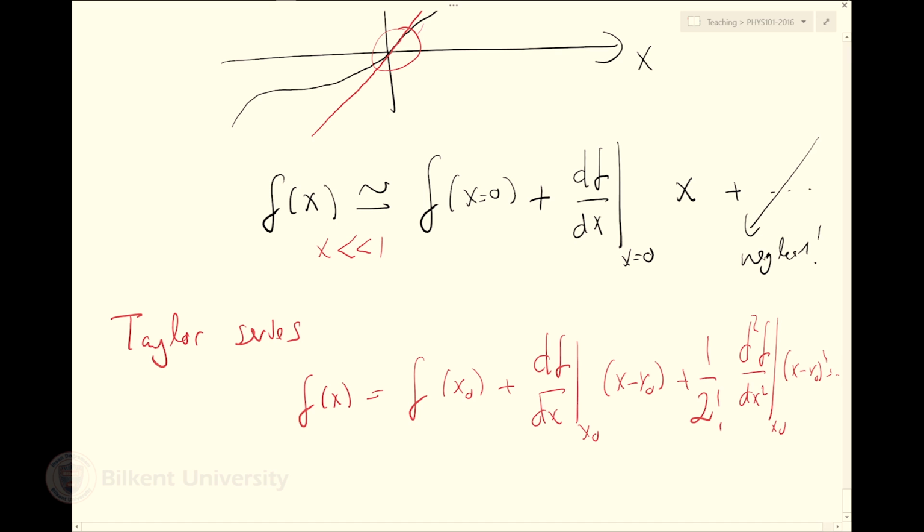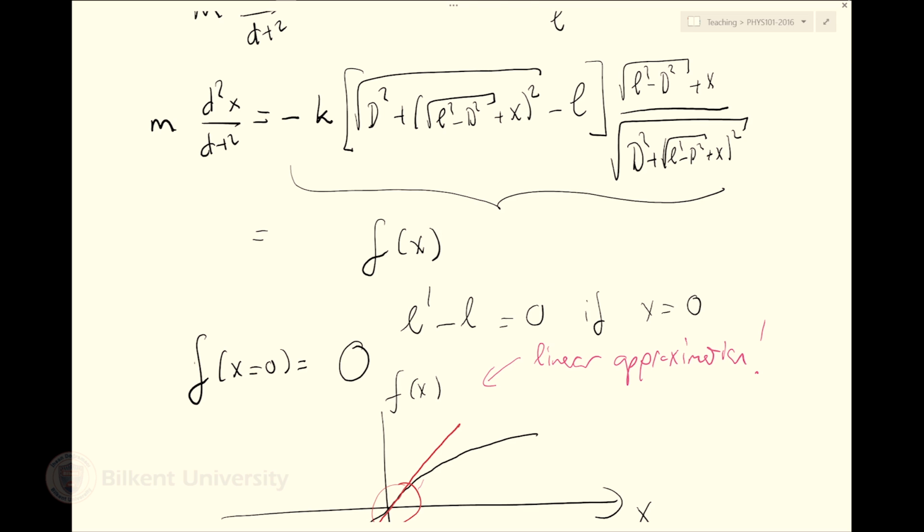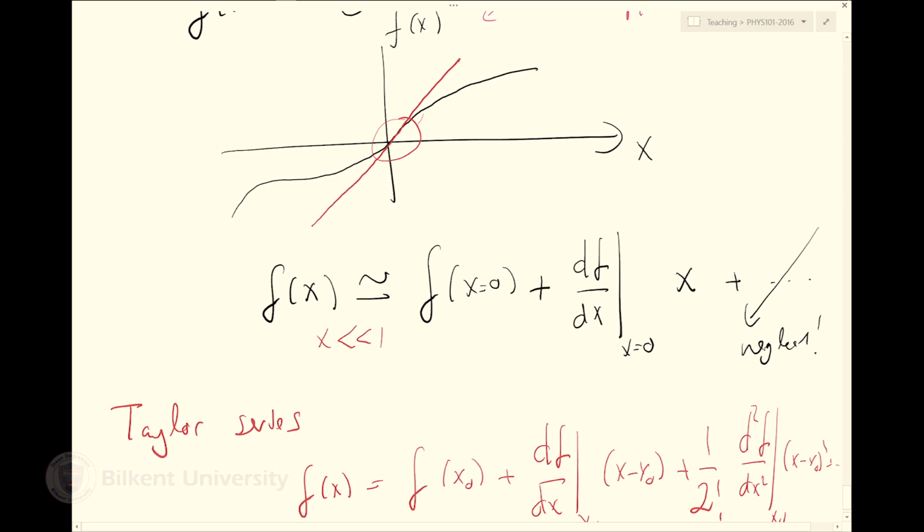So you have higher order terms, but we are not interested in that. We're very humble. We don't want to solve the general differential equation. What I actually just need is the derivative of that at x equals 0. Okay? So let's do that.